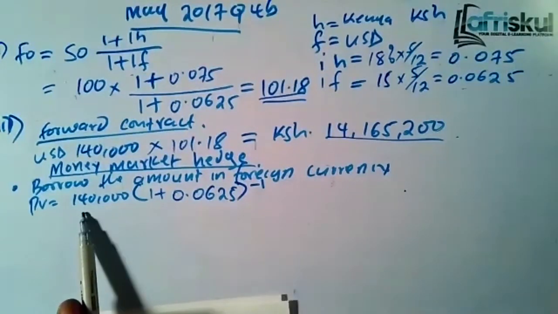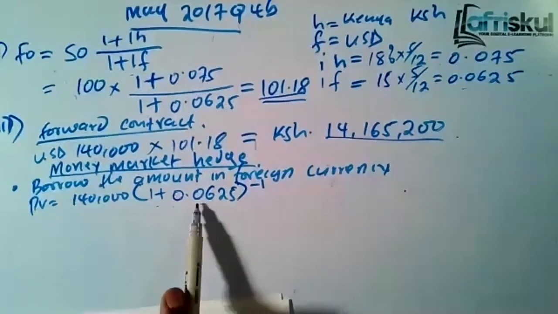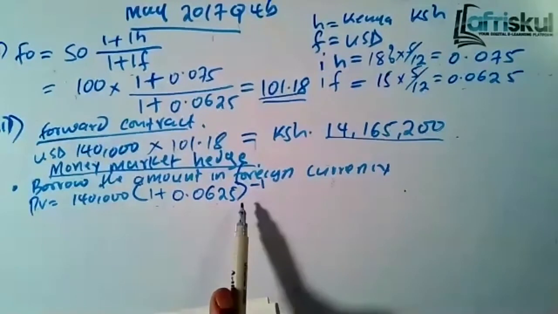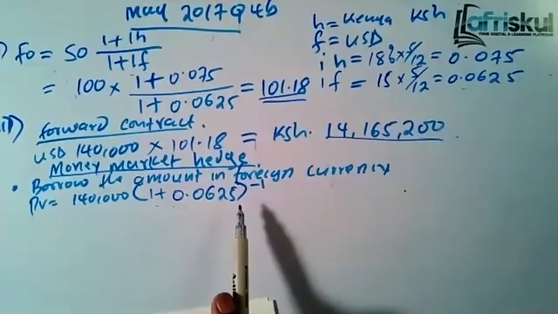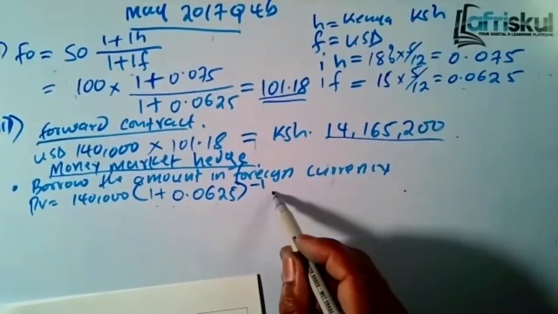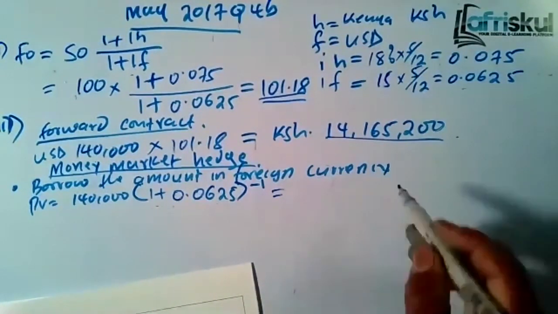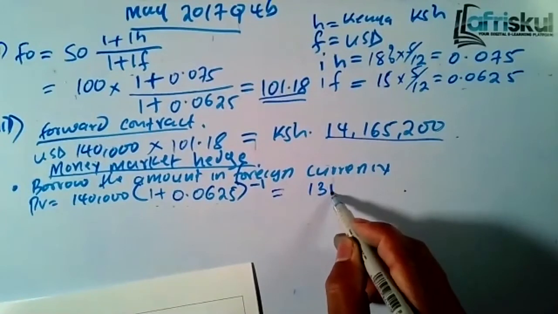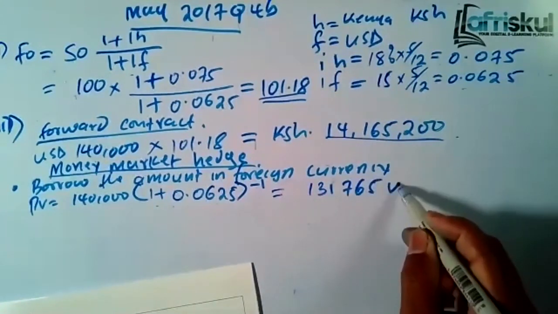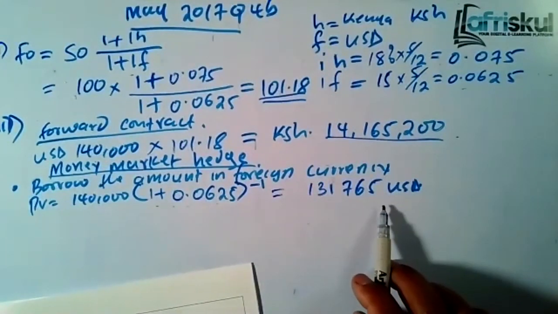So it's 140 US dollars, 1 plus 0.0625. That was the borrowing rate in US dollars in 5 months' time. And by that means you are now supposed to borrow an amount of 131,765 US dollars. This is the amount you are supposed to borrow now.